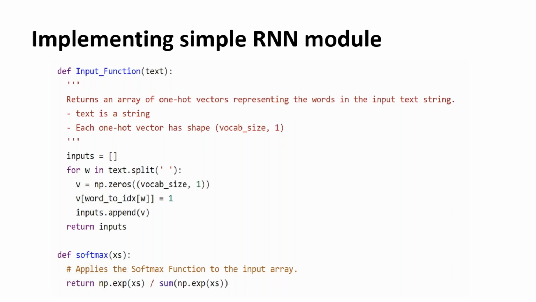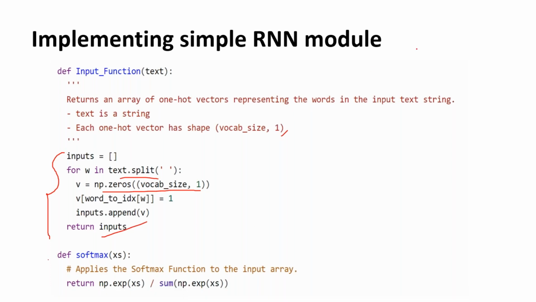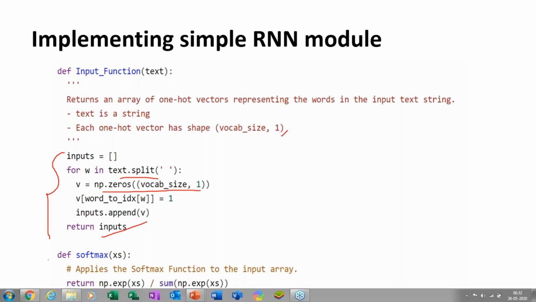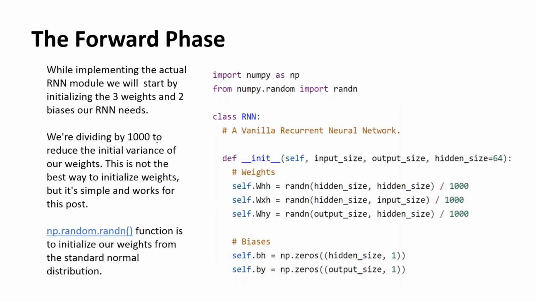So that's what the input goes in, and after that we apply a softmax function on top of that. So let's go to the next. Then we have a forward phase, right? The forward phase would again be passing into the next layer and so on.